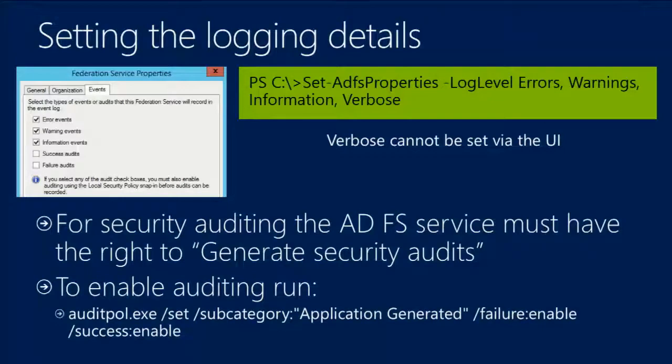If you want to turn those on, you can do that, and to enable auditing you've also got to run the audit poll. So we've actually got a setup where we're doing failure enable and success enable on the application-generated subcategory. You've got to set that up as well.